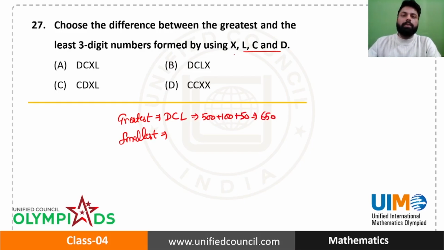For the smallest one, we will take X, we will take L, we will take C. C, L, X, this is going to be 50. LC is not the right format. So we can write down CL and then we can place X over here, CXL. So CXL is going to be how much?